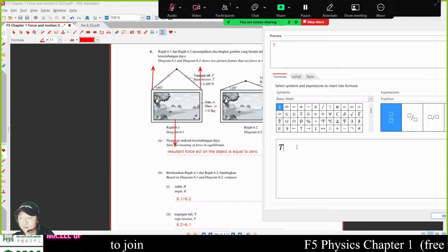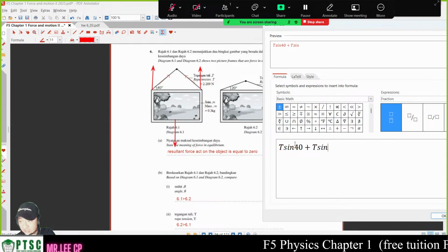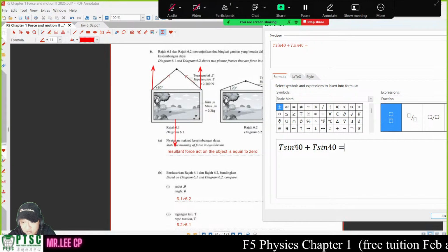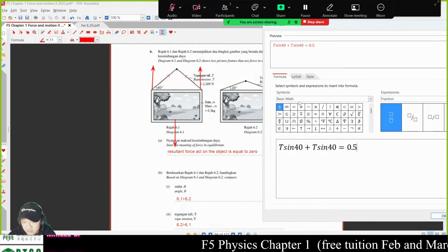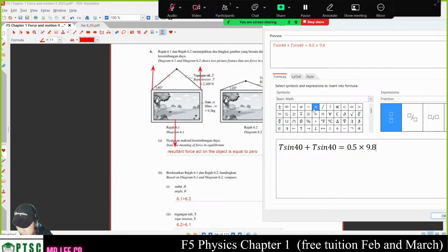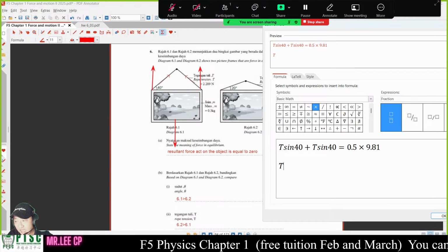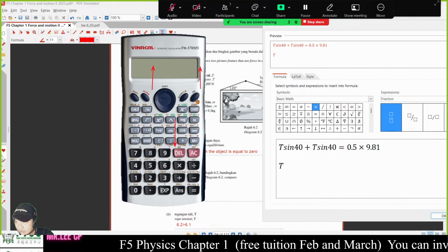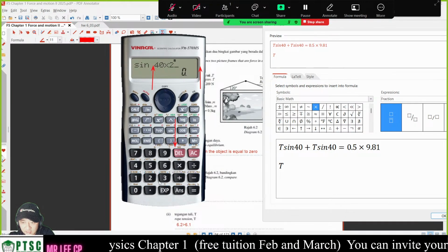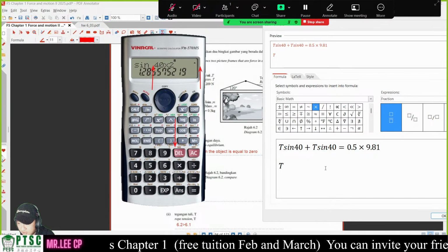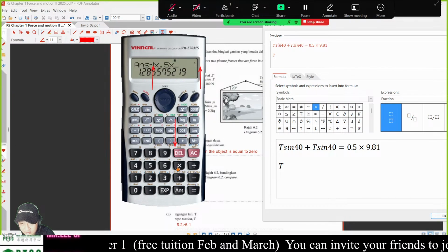Okay? So T sine 40 plus T sine 40 is equal to W. W is 0.5, they said replace with 0.5, so 0.5 multiplied by 9.81. So you get T as sine 40 times 2, I bring down, so I inverse, times 0.5 times 9.81.